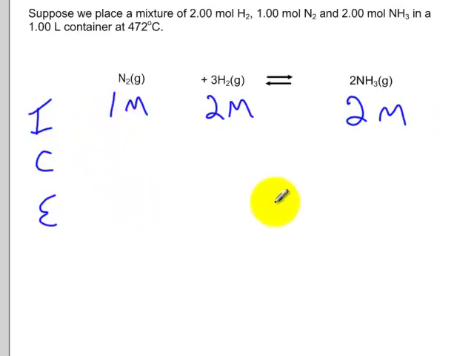If I want to find out the equilibrium concentrations, I first have to know which direction the reaction is going in to reach equilibrium. Because before, in all those other problems in the last video, we had reactants at the beginning, but no products. We knew it had to be heading to the right.